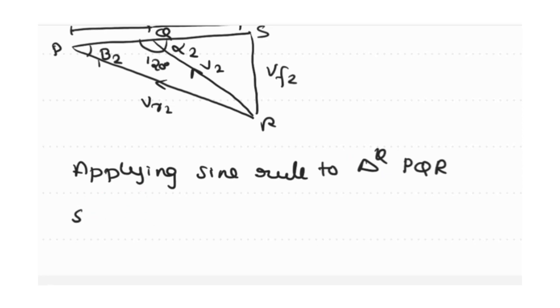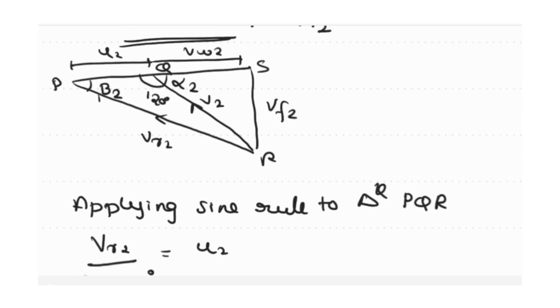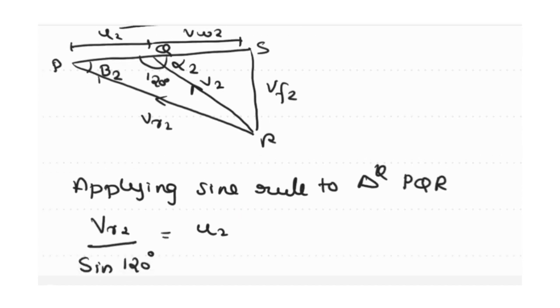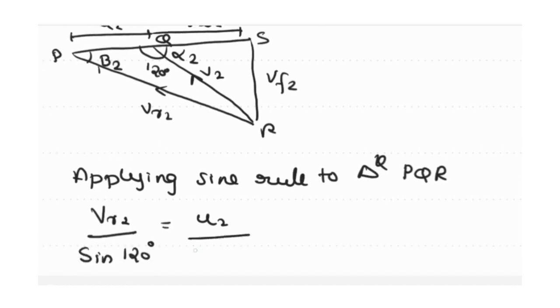That is VR2 divided by sine of the opposite angle, that is 120 degree, is equal to U2 divided by sine of the opposite angle, that is 180 minus 120 minus beta 2.